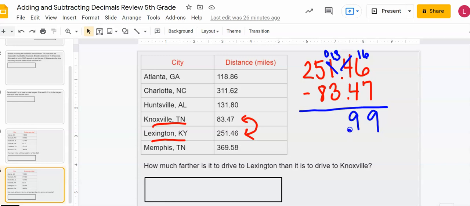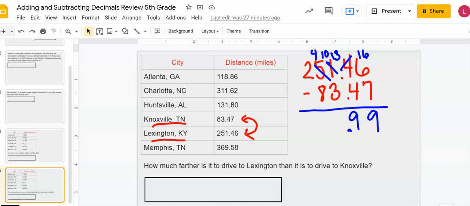So now I need my decimal. How do I know I need my decimal there? Well, if I look at my place value here, I know that this is tenths, and my decimal comes right before that, and I'm about to subtract my ones here. So I need some more ones here, so I'm going to rename my tens.